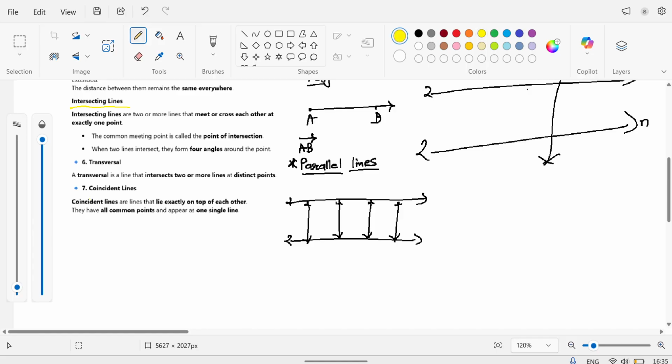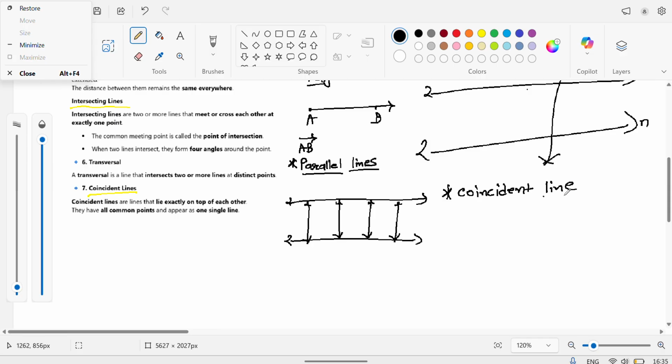The next one is the coincident line. Coincident lines are those lines which are overlapping each other. Suppose this is line AB and this is line CD.